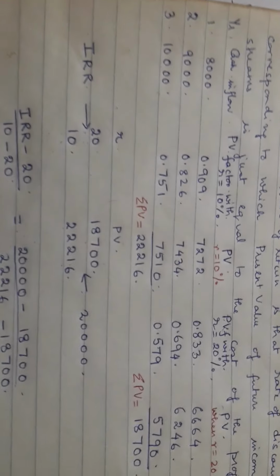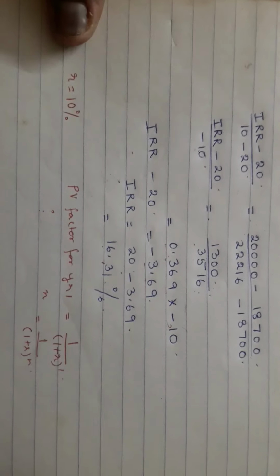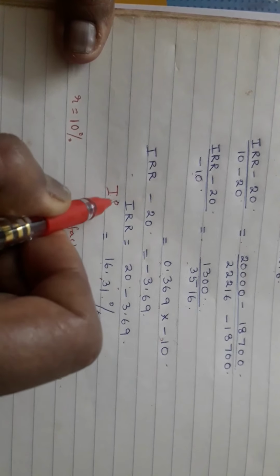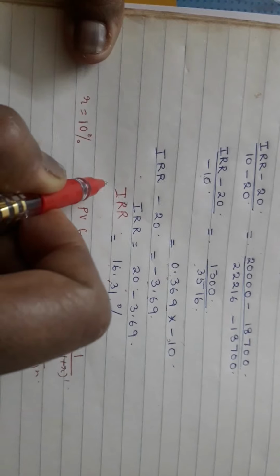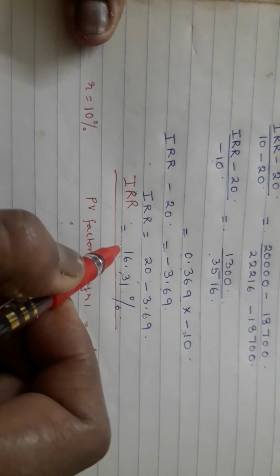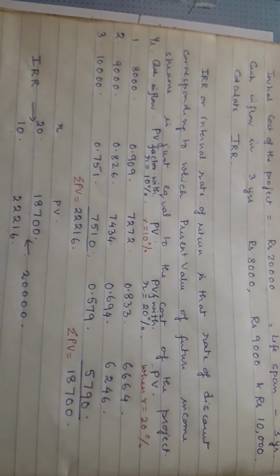So don't be so concerned about it, but the procedure must be okay. Okay, so here R will be internal rate of return, and if the rate of discount is 16.31, the summation of present value will be equal to the cost of the project.